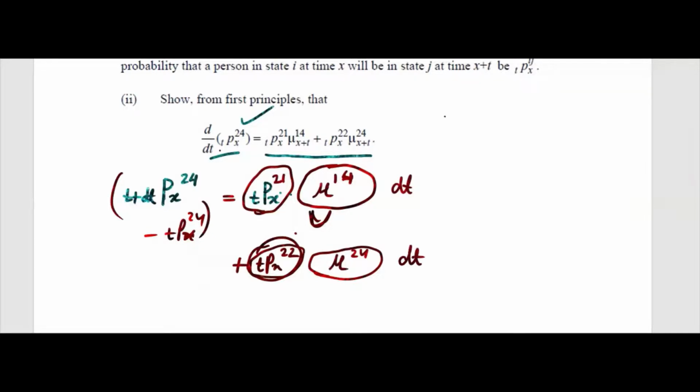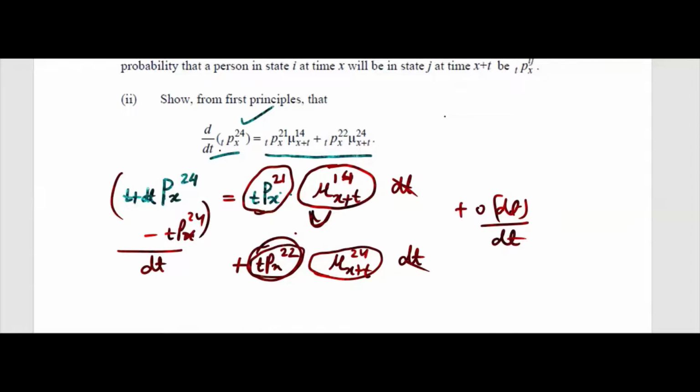You can write the time x plus, we write p x t mu x plus t. That way we'll write mu x plus t at this time. Now plus order of dt you have to write, that's all. Then divide it by dt, and these two will get cancelled. Then take limit.